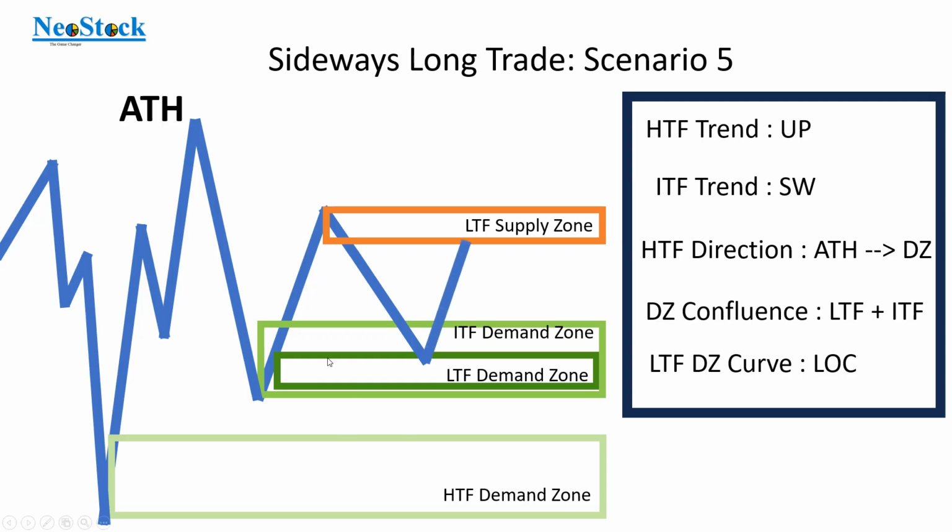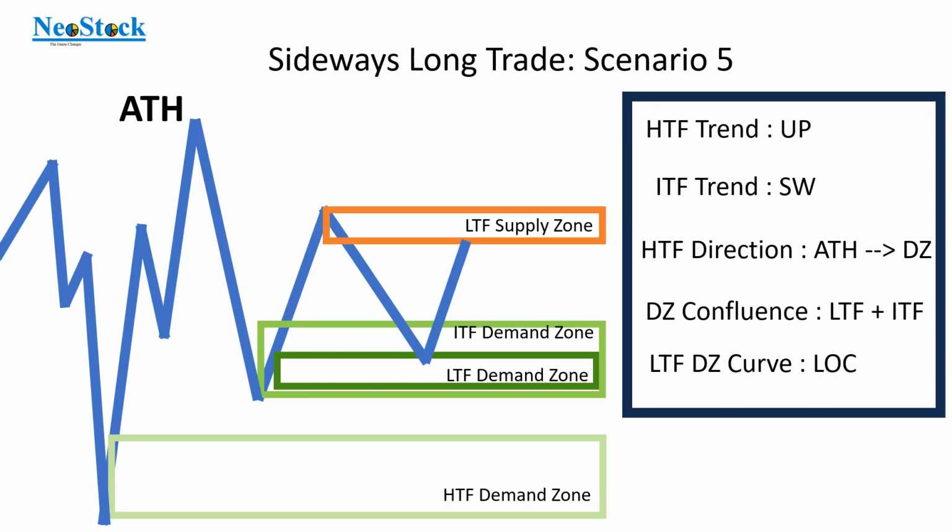If the checklist items are satisfied, there are higher chances prices will be reaching the LTF supply zone. So these are the 5 scenarios supporting sideways long trade setup for any income trade. For any income trade, these rules are mandatory, and all these 5 scenarios are applicable.